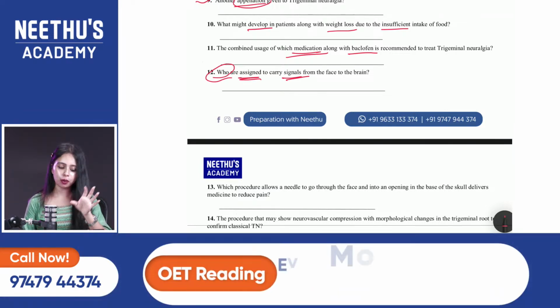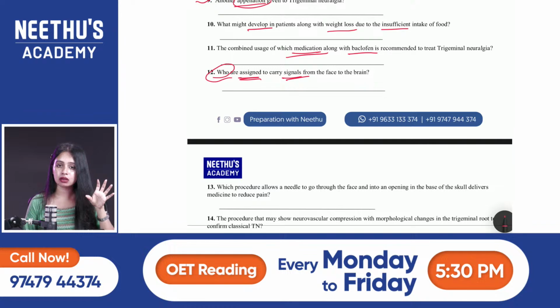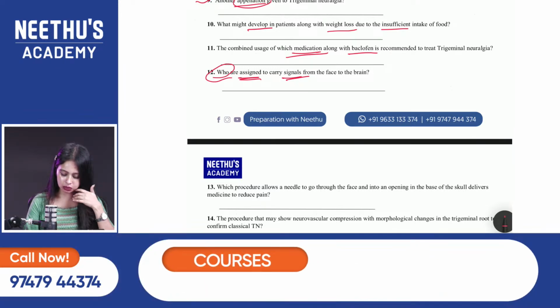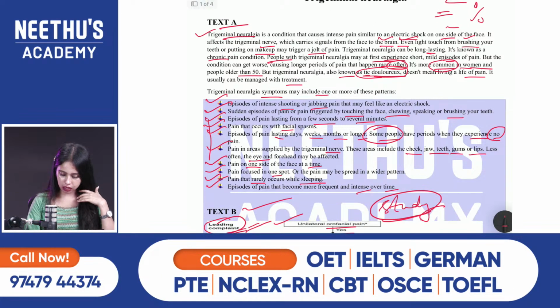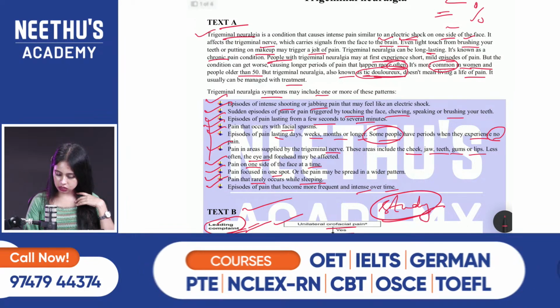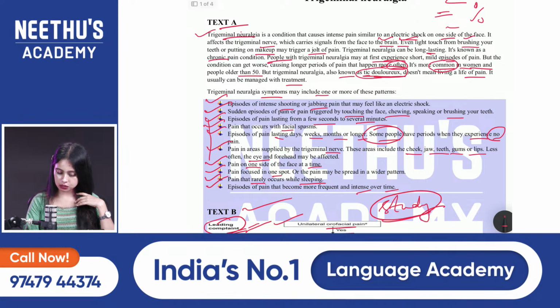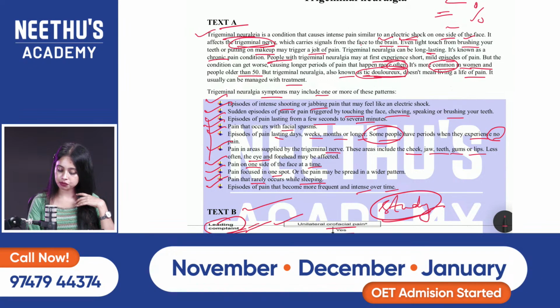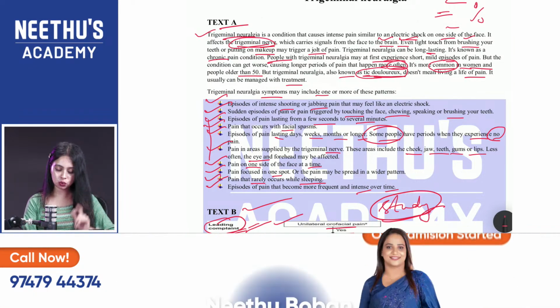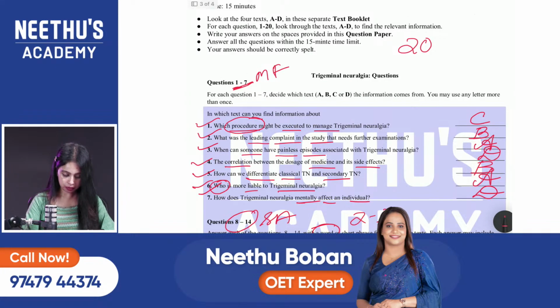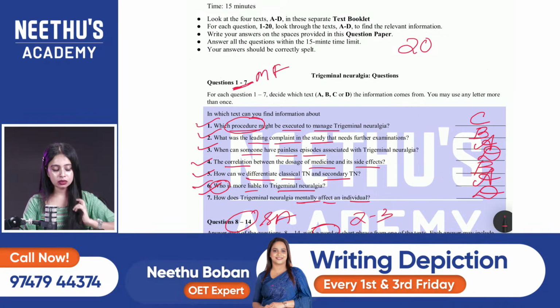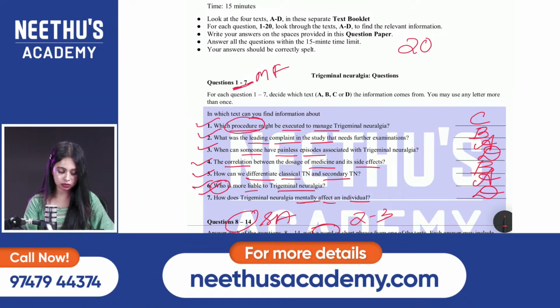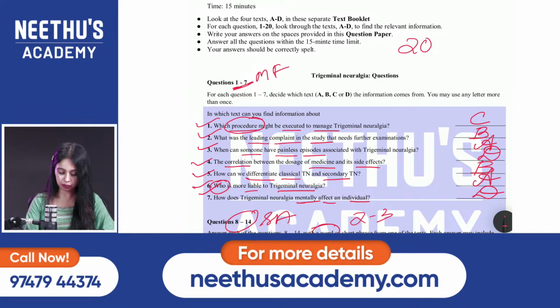You can write the full form: trigeminal nerve. It's mentioned, I guess, in text A: that nerve is responsible for the transmission of signals, the trigeminal nerve, which carries signals from the face to the brain. So the answer is trigeminal nerve. Yes, Nancy. Dhanalakshmi, Alina, Vineet, Monita. It's trigeminal nerve.